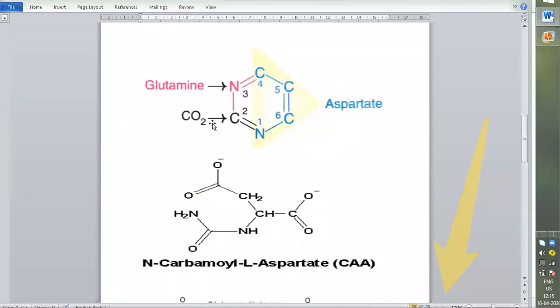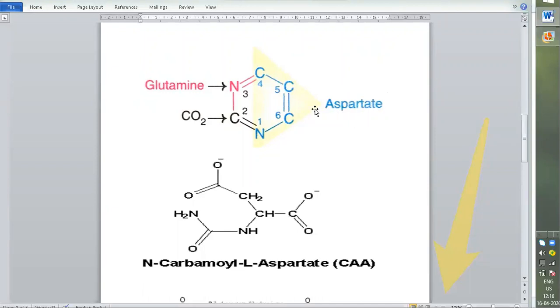The first one is carbon dioxide, which provides carbon. The second source is glutamine, which provides nitrogen. The third source is aspartate. Aspartate actually has 4 carbons and 1 nitrogen, and one carbon is present as a carboxyl group, which will be released later as carbon dioxide in a decarboxylation reaction.